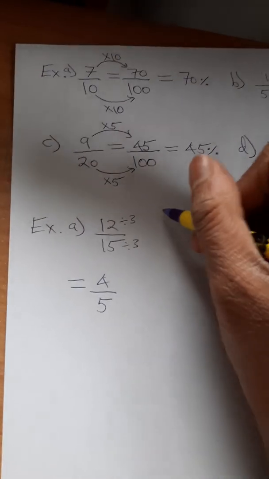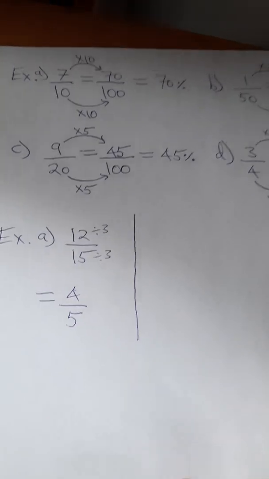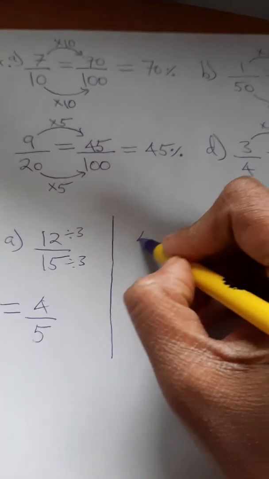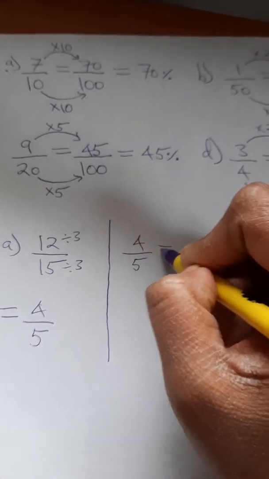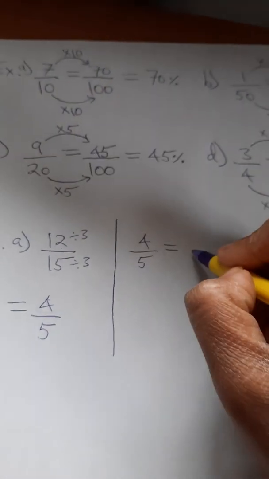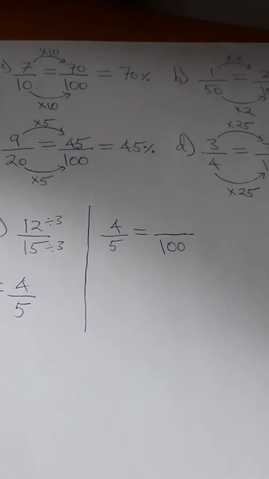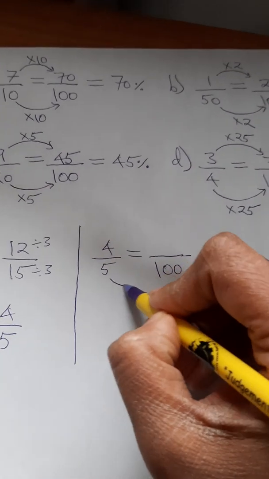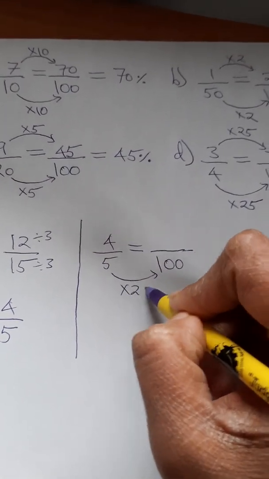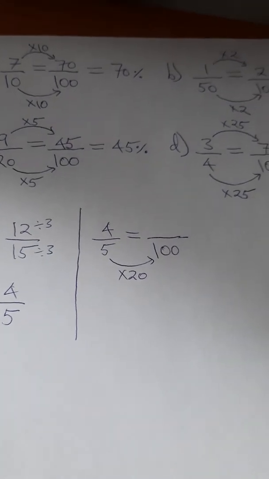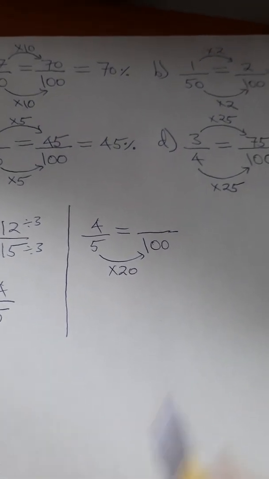And so what we're going to do, let's make a line here, is take this 4 over 5. And I can change this into a fraction out of 100, because I know 5 can evenly go into 100. And we're going to multiply this by 20, because 20 times 5 equals 100.